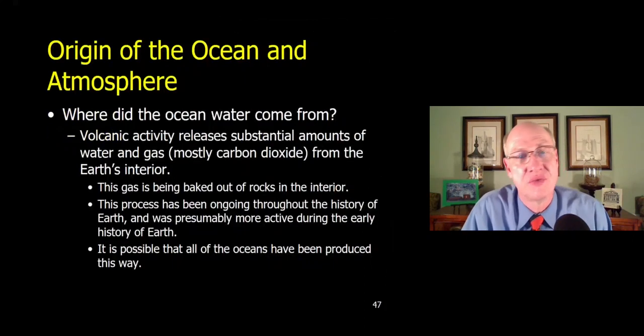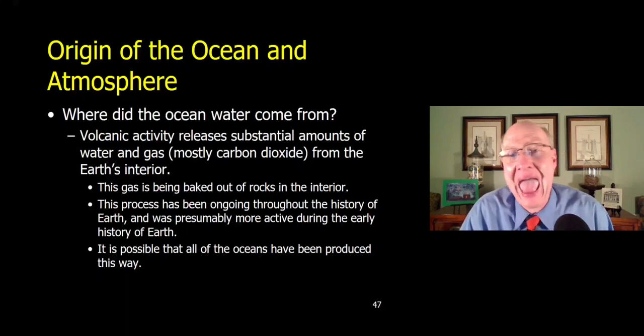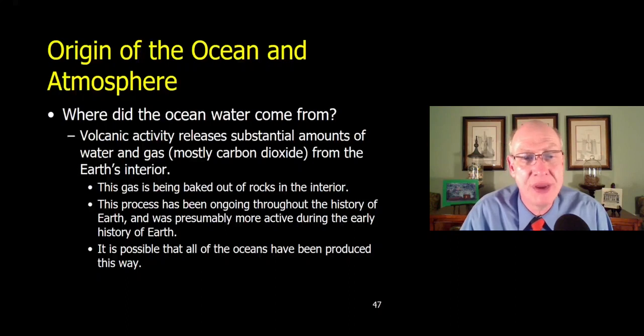The origins for our oceans are very similar to the origins of our atmosphere. So the water in our oceans probably came both from volcanic activity, the release of water vapor by volcanoes, and also from the release of ices by cometary impacts. Now, the release of water vapor by volcanoes has been going on for the whole history of the Earth, from the very beginning of the history of the planet Earth.